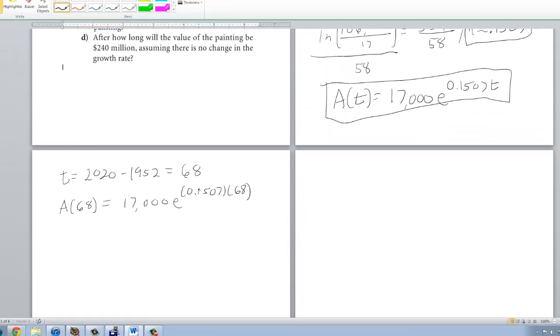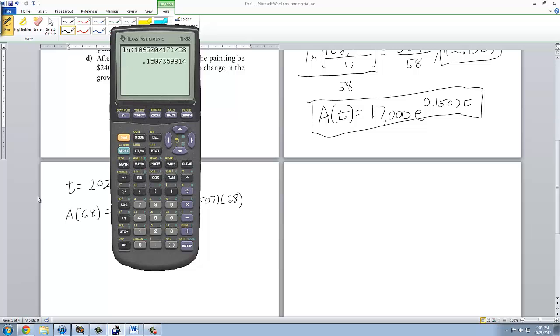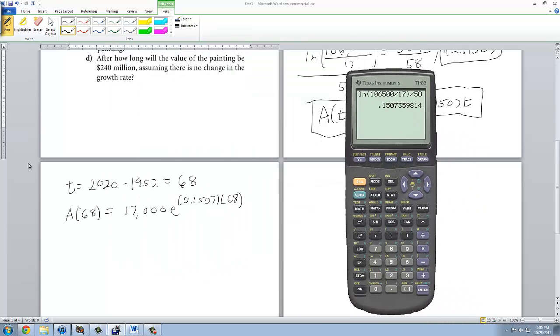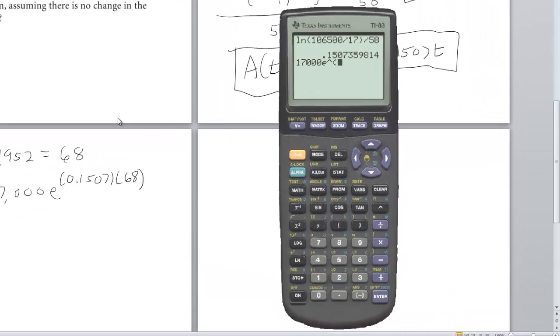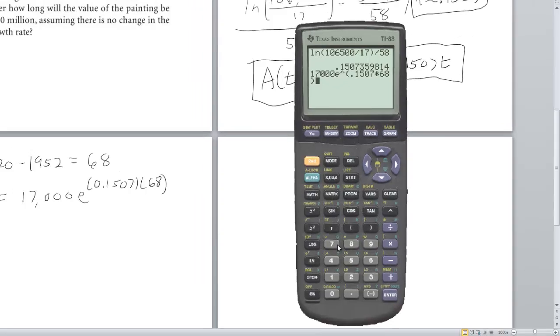times 68. Of course, with the graphing calculator, you can do this all in one step. So we have 17,000 e, that's second function natural log, to the 0.1507 times 68, close your parentheses off, so it looks something like this.